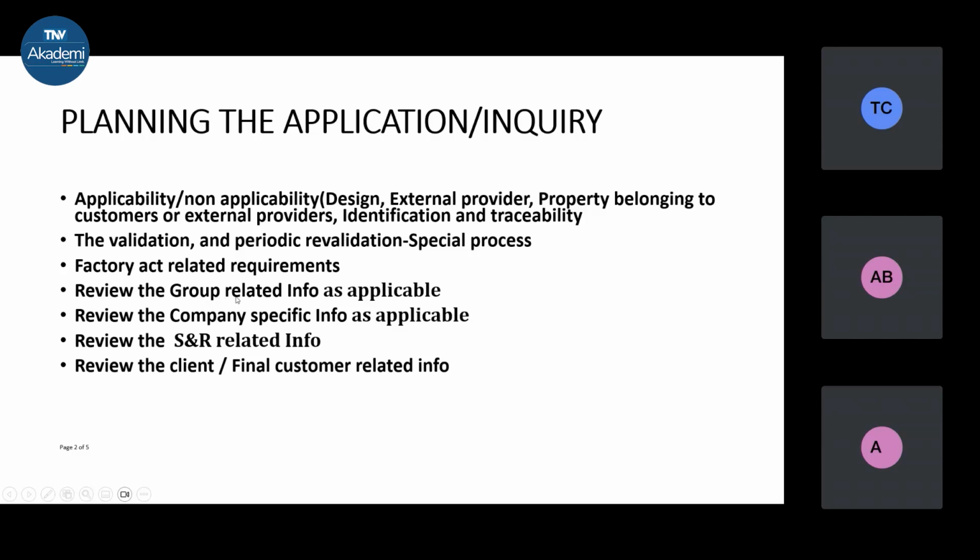Review the group related information as applicable. We have seen many cases in the last few decades where this information has created problems when certification was getting finalized, or stage 2 is being conducted, or even when decisions are being taken. The client is looking for a group certification, or wants to cover different locations, but initially when he filled the application, he has not mentioned that.